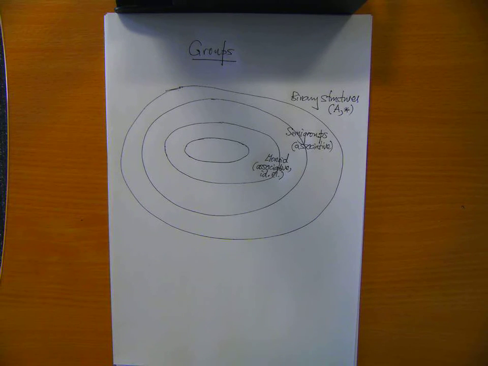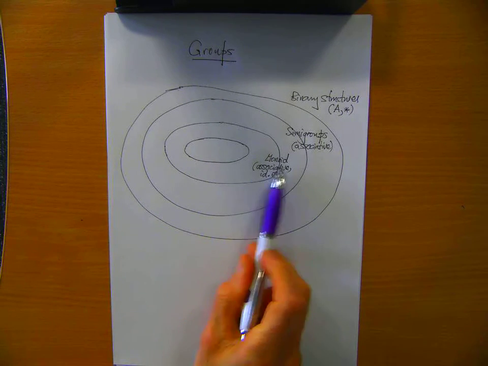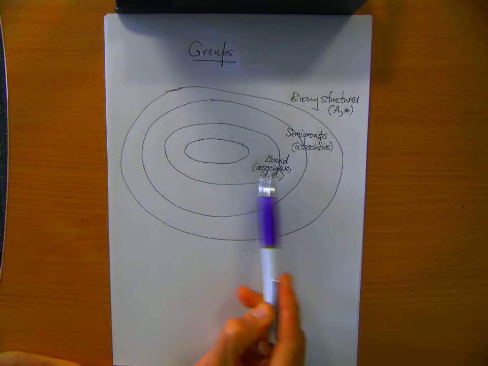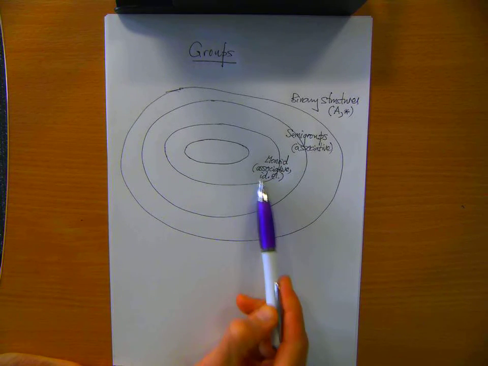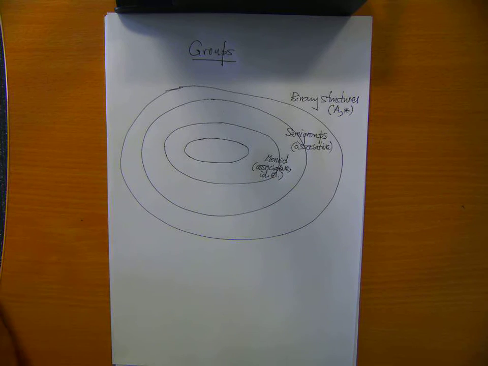So a monoid is a set with a binary operation that's associative and has an identity element, as do most of the examples we discussed last week. For the integers with addition, we have the identity element 0. For the real numbers under multiplication, we've got the identity element 1. For square matrices under multiplication, we've got the identity matrix.